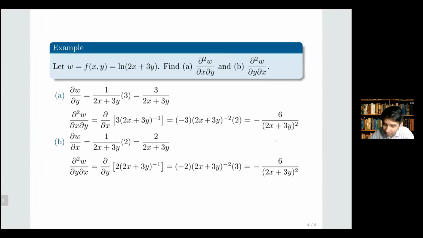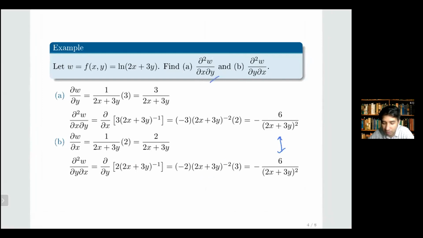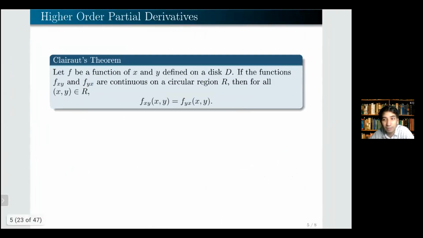So, kung mapapansin nyo, parehas lang nakuha natin. Hindi nagmamatter kung una nyo siyang dinifferentiate with respect to y or with respect to x. And the reason for that is because we have the following theorem, which is called Clairaut's theorem. Sabi ng Clairaut's theorem, if you have a function where fxy and fyx are both continuous, so mahalaga tan.